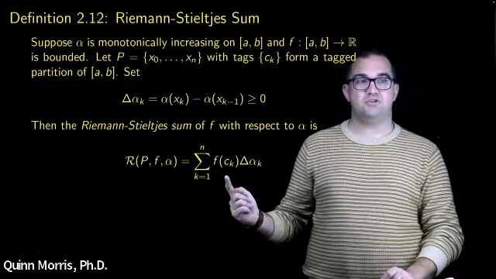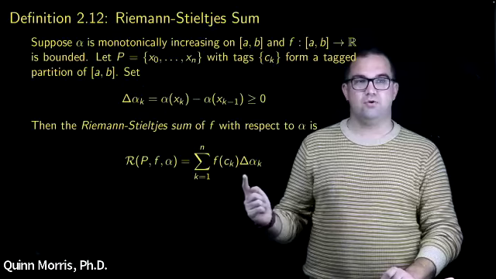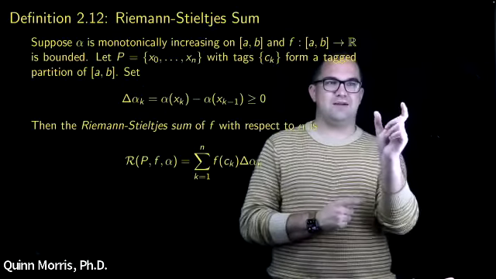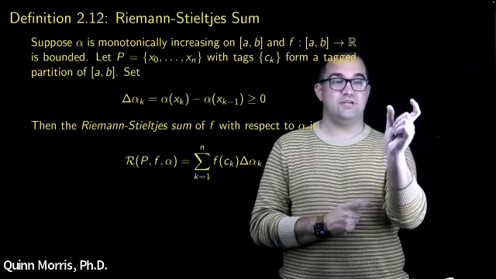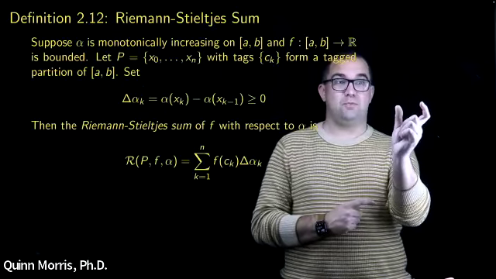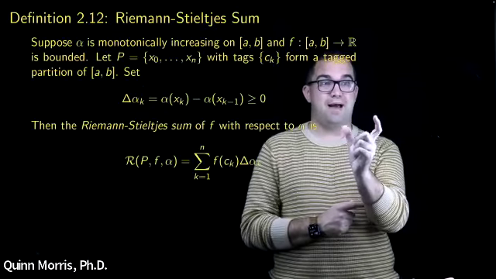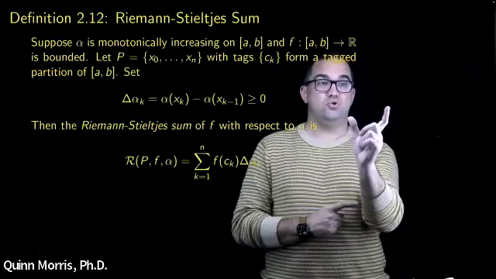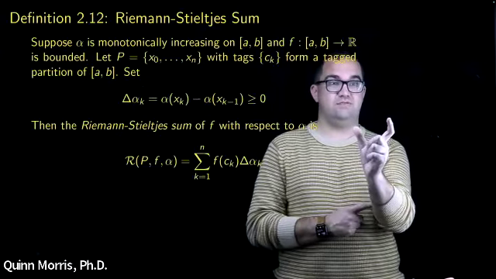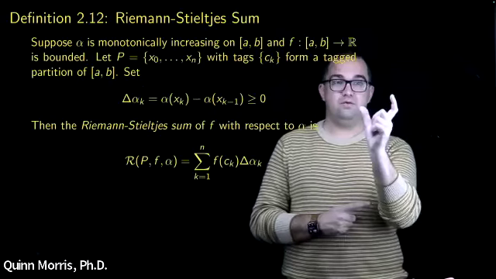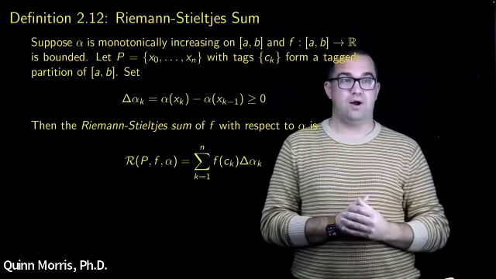I'm still using the function value to give me the height of the rectangle, but now the base of the rectangle isn't necessarily just the width of that subinterval of the partition. You take those points of the partition, you transform them by alpha, and then you look at the difference of the transformed partition values to give you the width of the rectangle you're using to approximate.